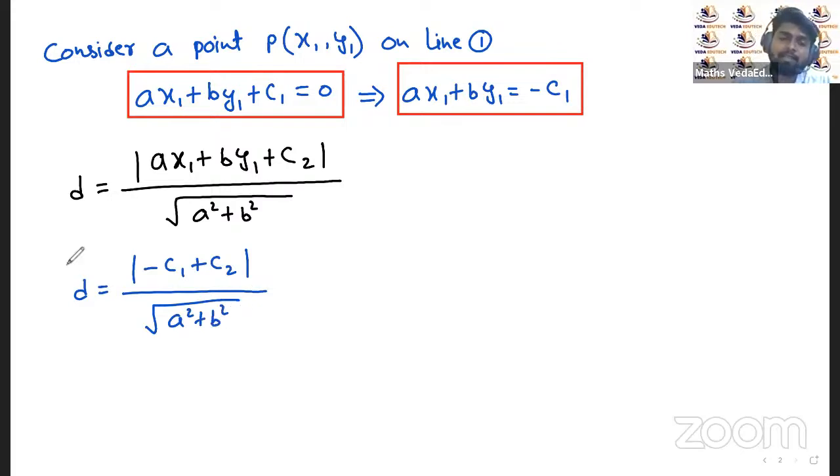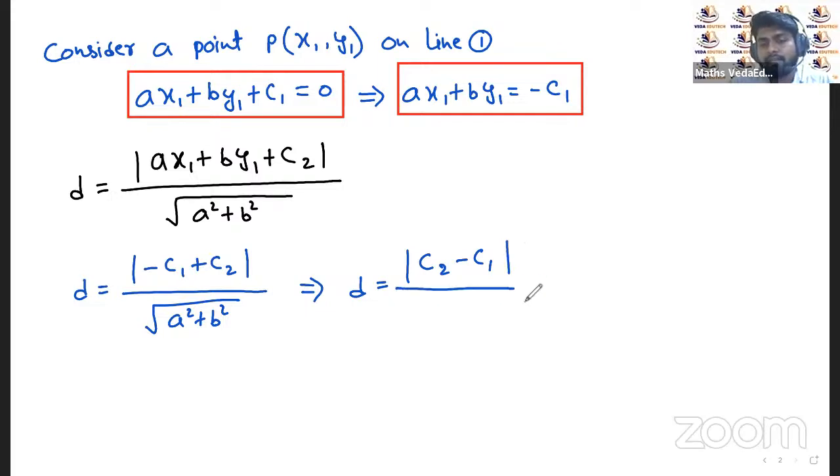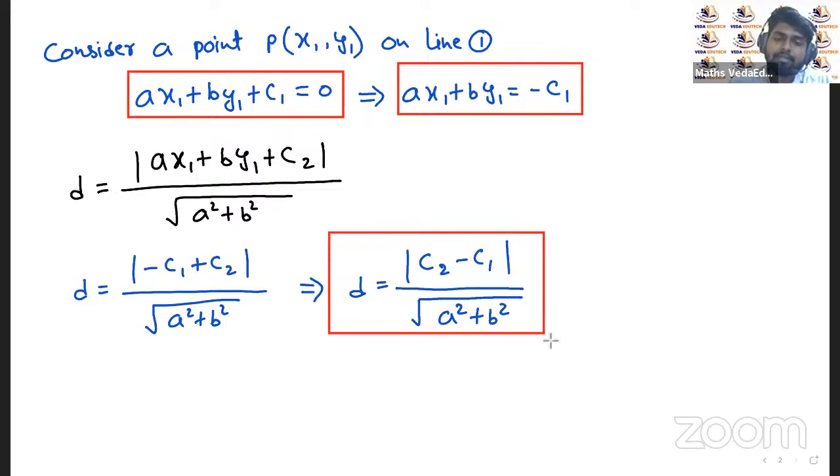Now we can take the minus sign common, and since the modulus is outside, it will make it positive. So finally we get d is nothing but c2 minus c1, or we can take c1 minus c2 also, whole divided by square root of a square plus b square. So this is the proof of the distance between two parallel lines, and the formula is d equal to modulus of c2 minus c1 whole divided by square root of a square plus b square.